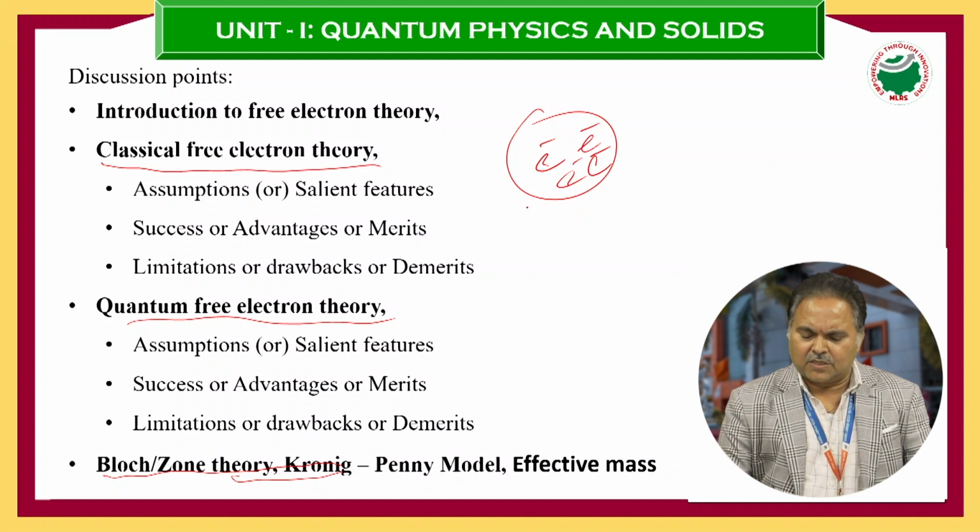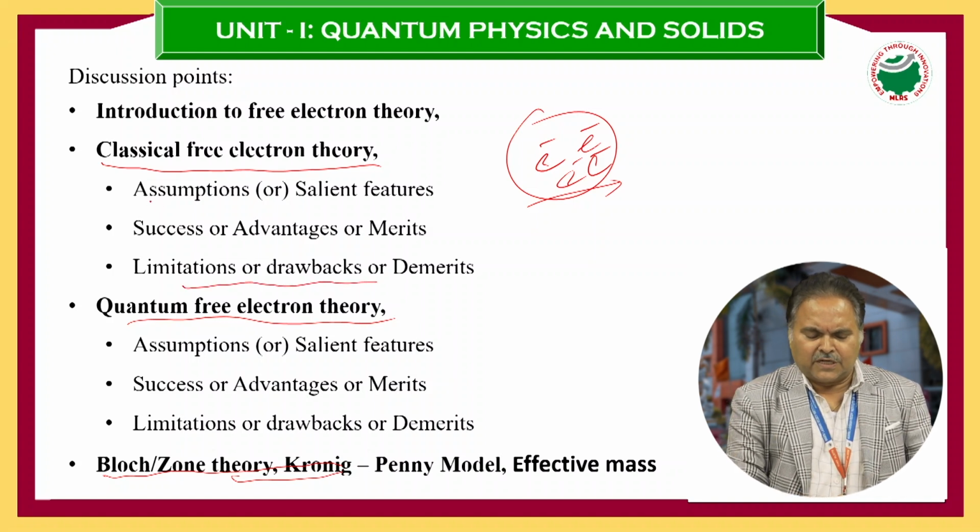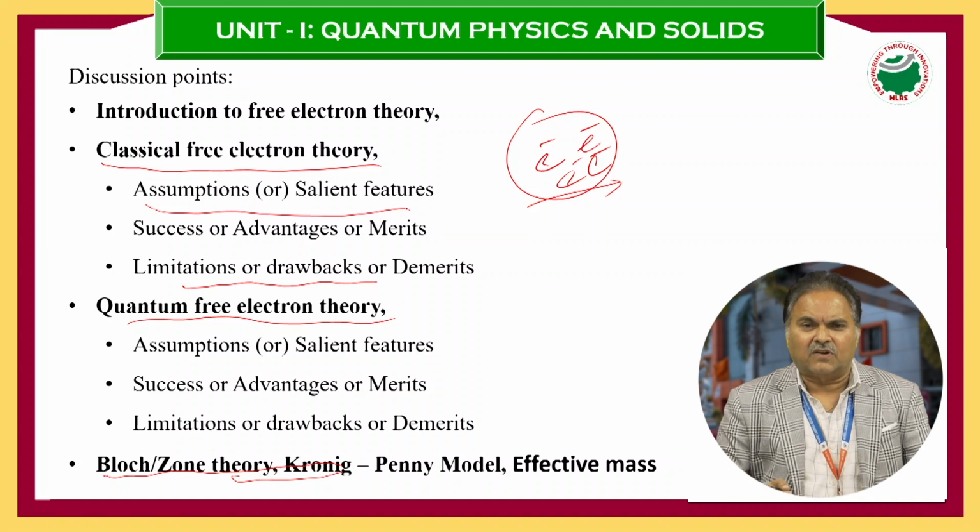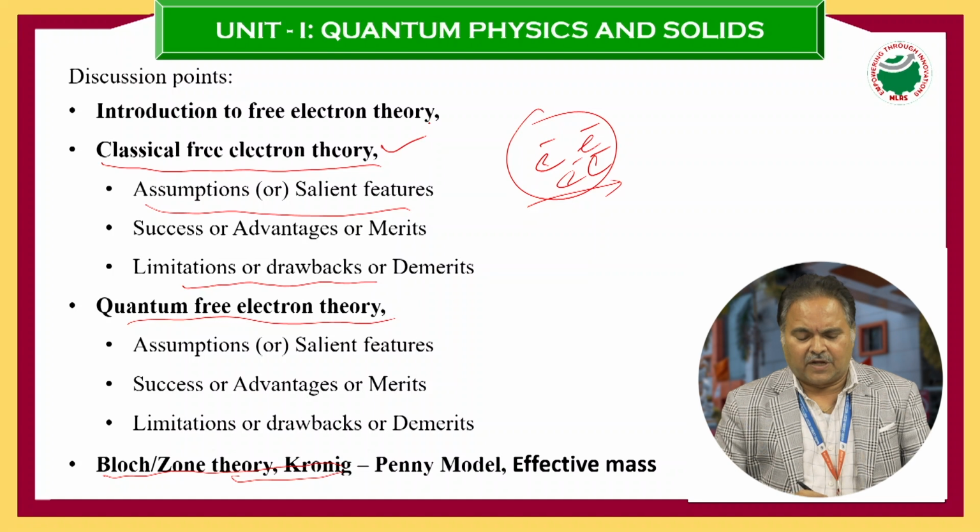So there are assumptions. Similarly, there are salient features, or we can say advantages, of this classical free electron theory, and there are limitations and drawbacks, which we will also study here. The first one is assumptions and salient features: what are the important points to explain according to classical free electron theory?